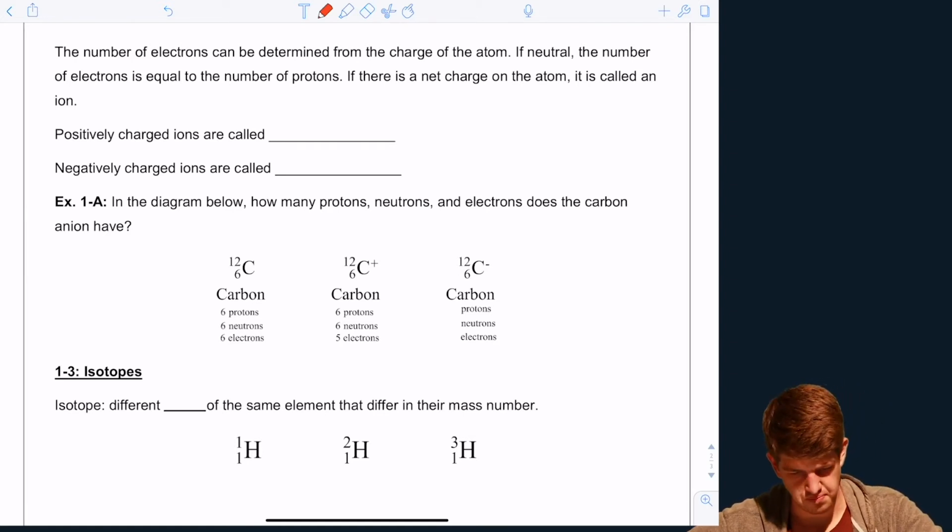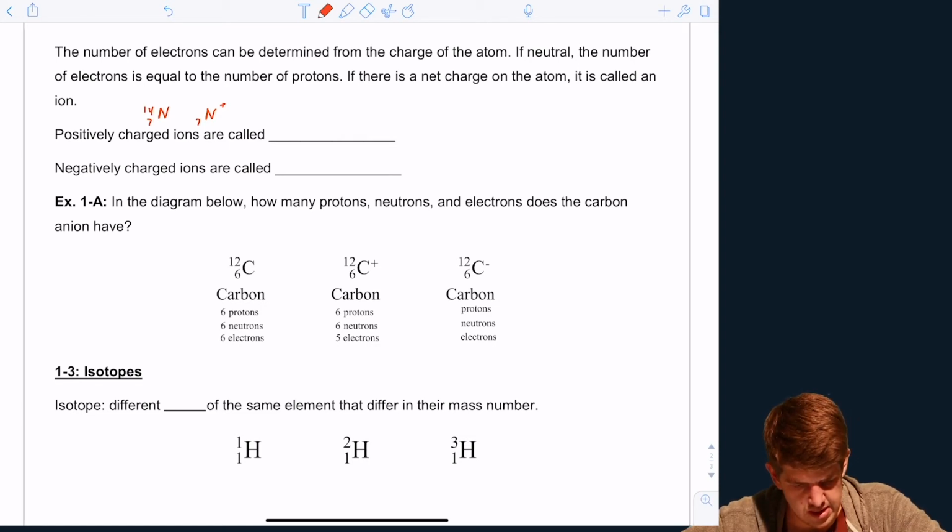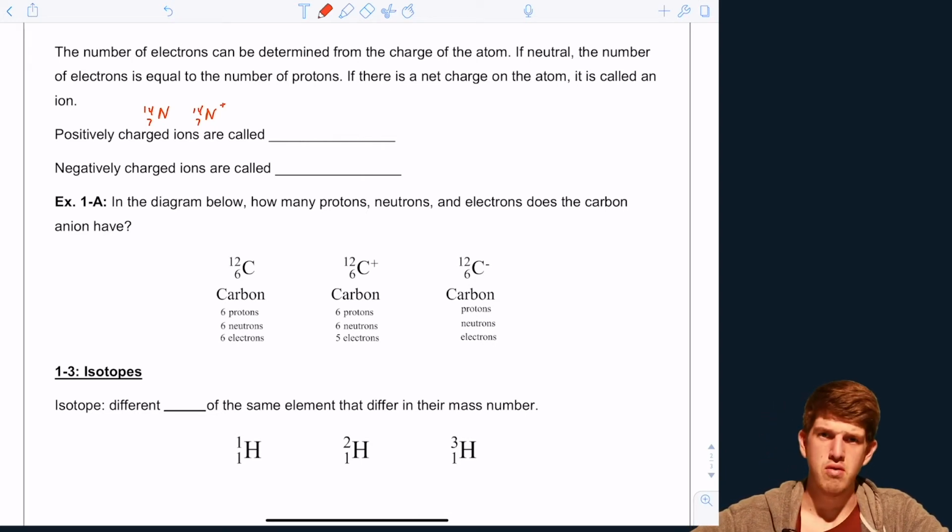Let's say, for example, I have nitrogen, and I have nitrogen with a positive charge. The typical values that you would see for nitrogen would be 7 for the proton number and 14. If I had both of these examples, I would say they both have 7 protons, they're both nitrogens, and both have the same atomic mass, which means they have the same number of neutrons.